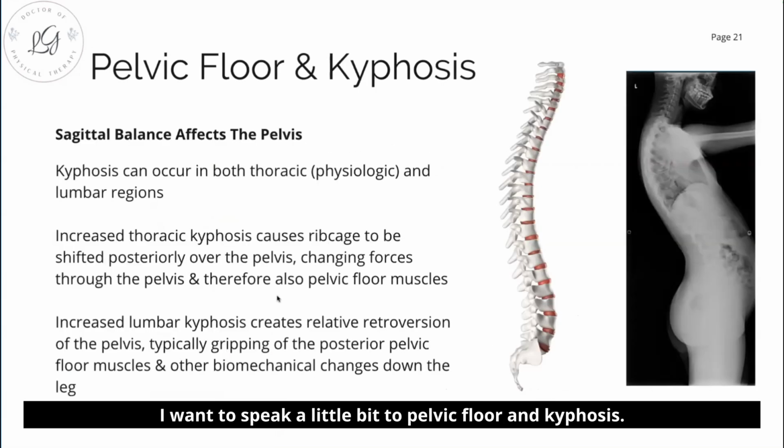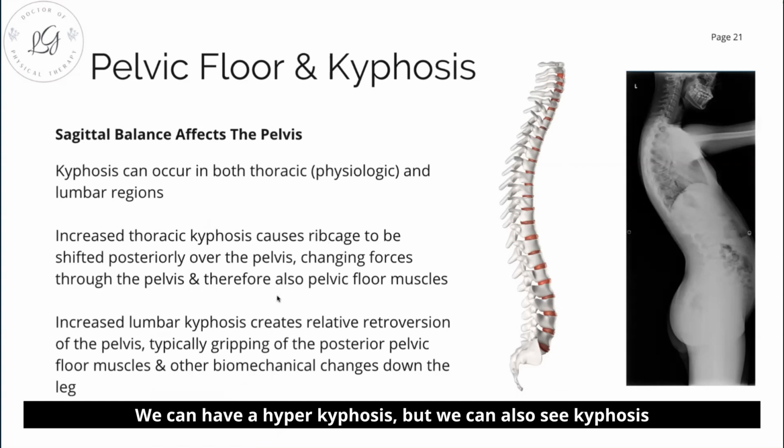I want to speak a little bit to pelvic floor and kyphosis. So just thinking about our sagittal balance here. I put the two pictures of the typical spine with a little bit of that gentle S shape versus a spine with kyphosis. As we know, kyphosis can occur both in the thoracic region and the lumbar region. We know that thoracic kyphosis is physiologic and normal.